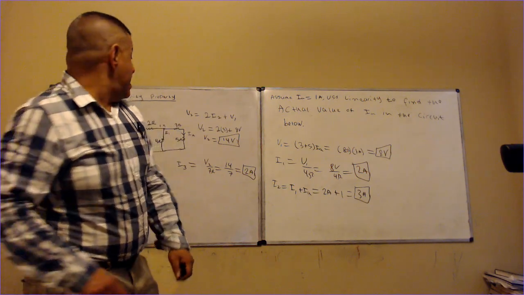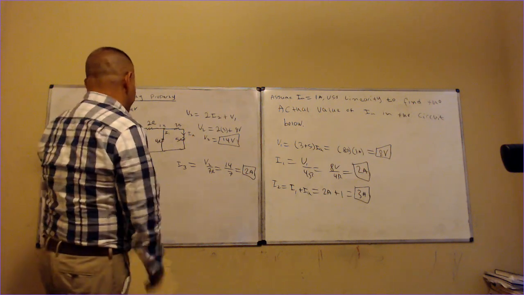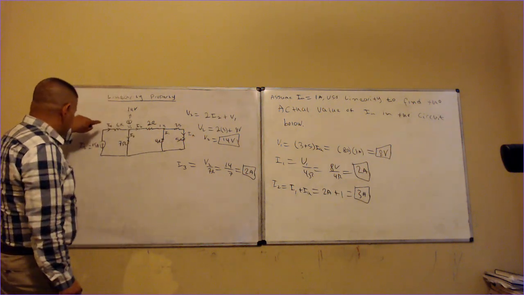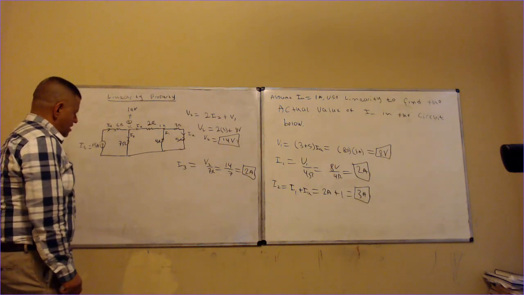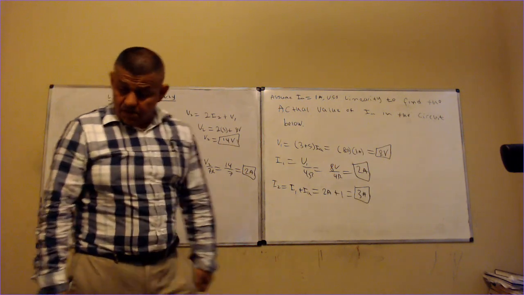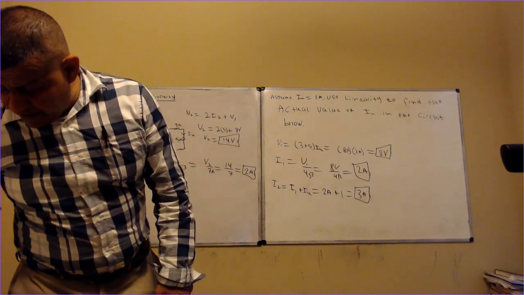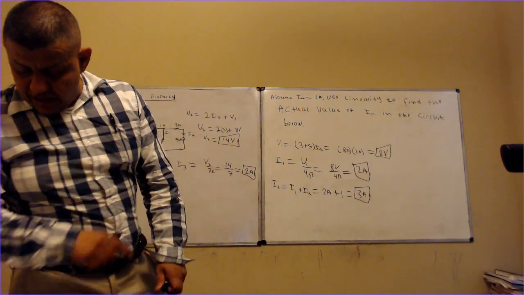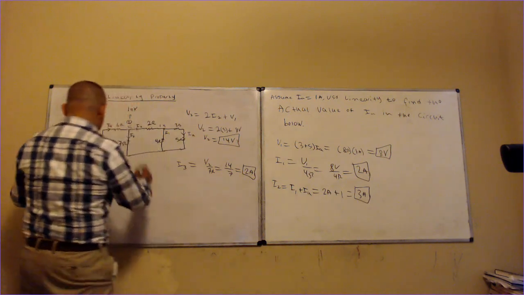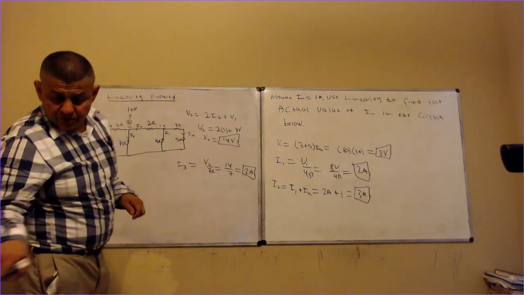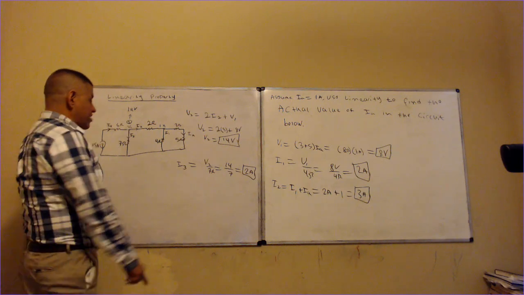Now, what is the last one I need to find? I need to find this guy, I4, right? To find I4, it can be considered as I3 plus I2. And I3 I already found.